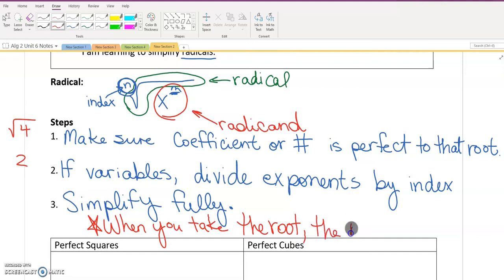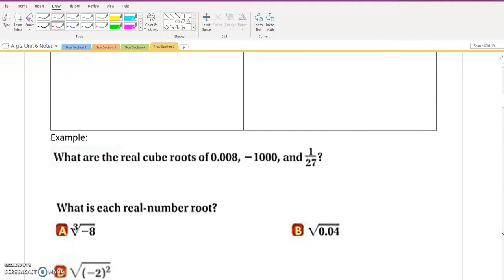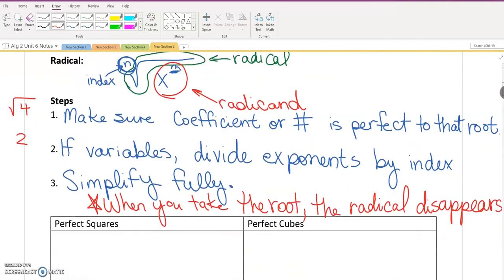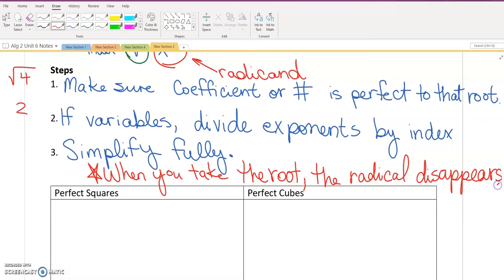The radical disappears. Just realize how we said the square root of 4 was 2. Same way there. Anytime you take any of those roots, it's going to disappear. So we're not going to have the square root bar, or cube root bar, or fourth root bar left after we take that root.